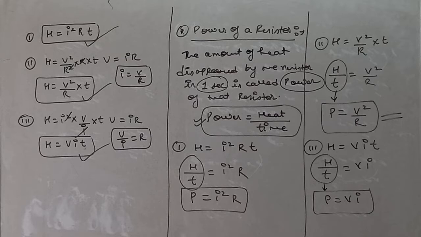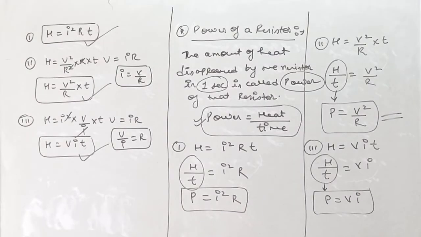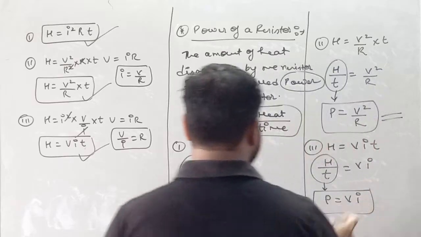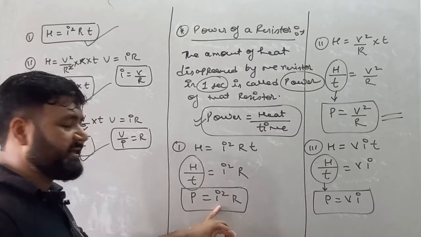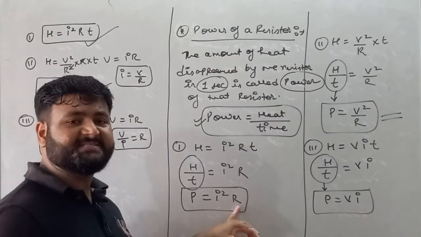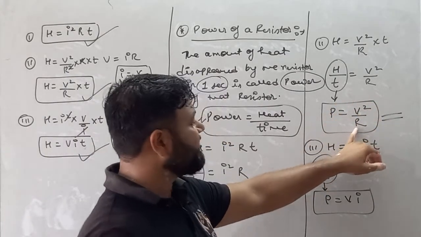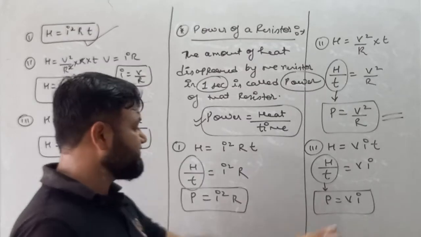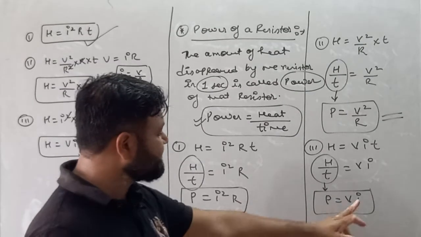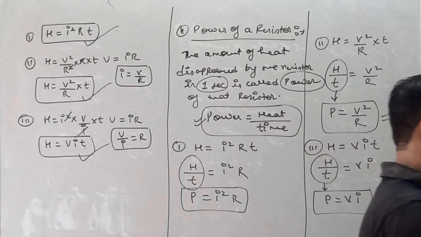First is heat upon time, second is P is equal to I square R, third is V square by R, and fourth is VI. So remember, I is the current across the resistor, R is the resistance of the resistor, and V is the potential across the resistor.